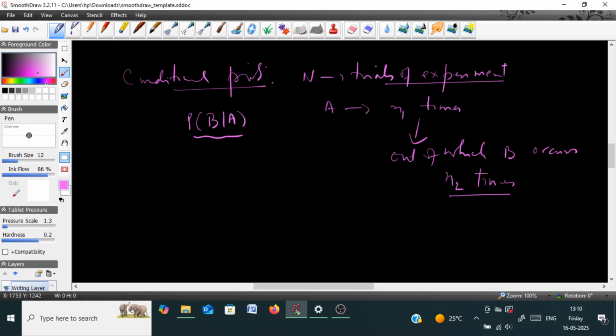So you have a total of n trials, event A occurs n1 times, and out of these n1 times event B occurs n2 times.